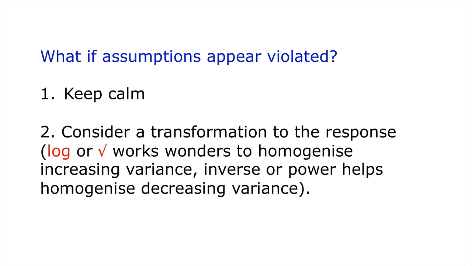However, the reverse, where we often take the response to a squared or even higher power, can help to homogenize variance as it decreases with increasing predicted values. So we can think about transforming our response, and there's nothing wrong with that. 2 bananas is equal to 4 half bananas. We can apply statistics to the most appropriate way of measuring our response variable.